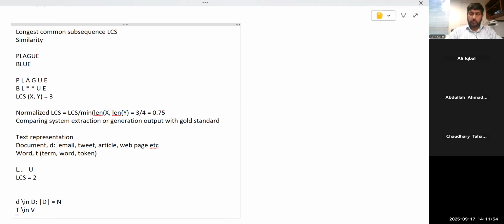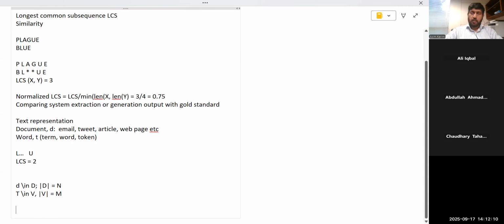It could be made of words or subwords or tokens in general, and this size, let's say, is M. So each of these terms is a feature, and this feature captures a characteristic of each document in the collection. So we can represent each document as a vector of size M.